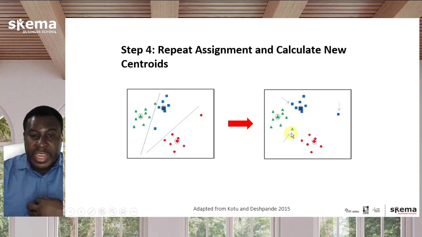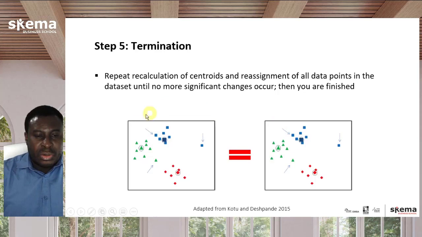Then whenever you change membership, you have to recalculate the centroids and shift the centroid to the center of what you now have. You keep on repeating this, recalculating centroids, shifting the membership, recalculating centroids until you come to a point where, after your last change, the centroids don't move any longer.